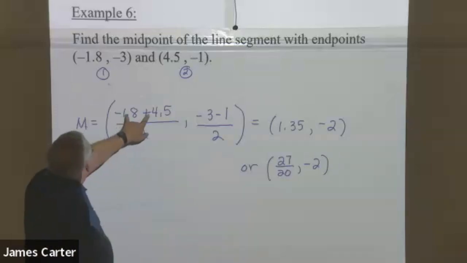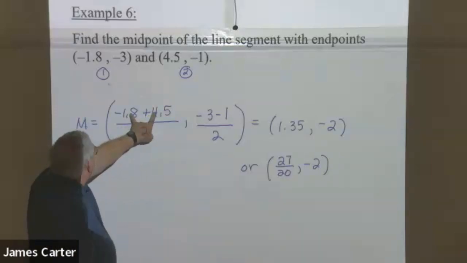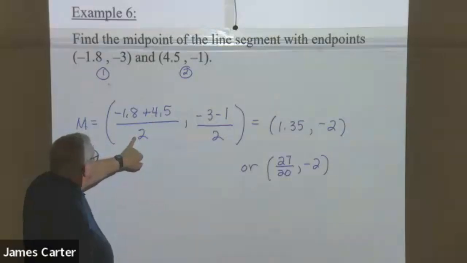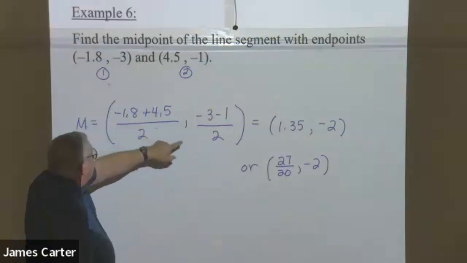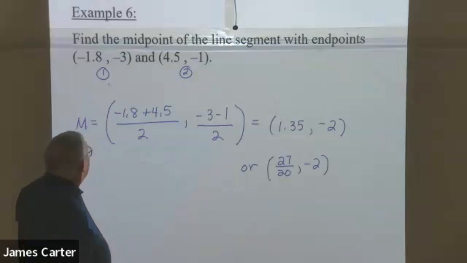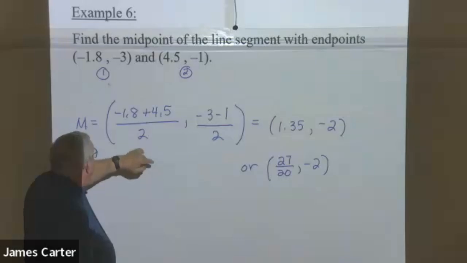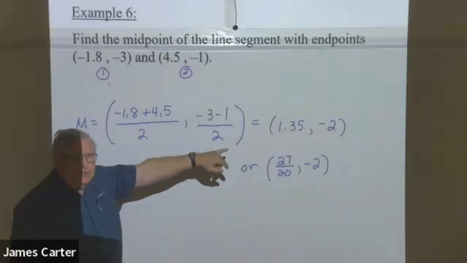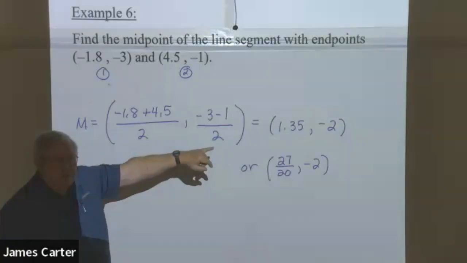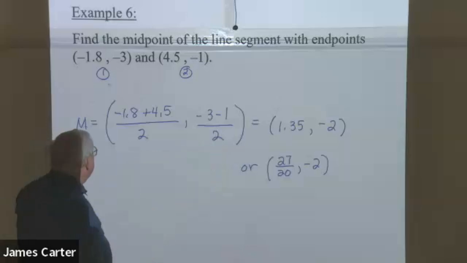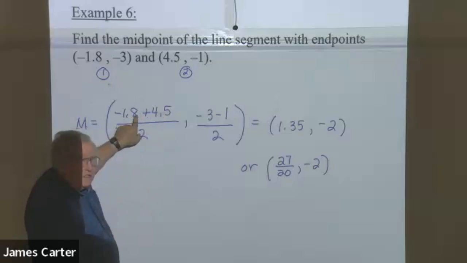Okay, well here we add the two x values together and we're going to divide it by 2. When you do that, you end up with 135. This taken away from that because of signs is going to give you 2.70, and then we're going to divide that by 2 to get 1.35. 15 minus 8 is 7.